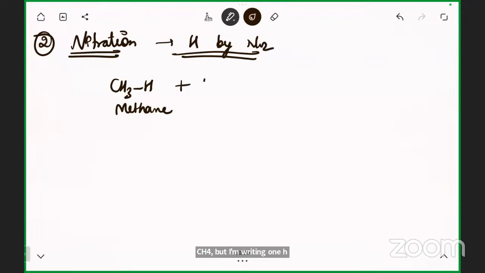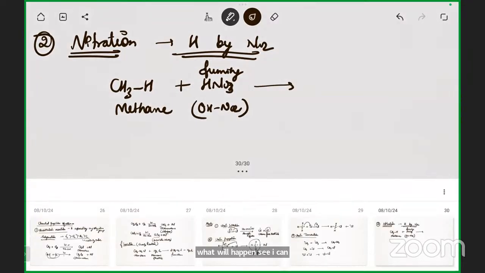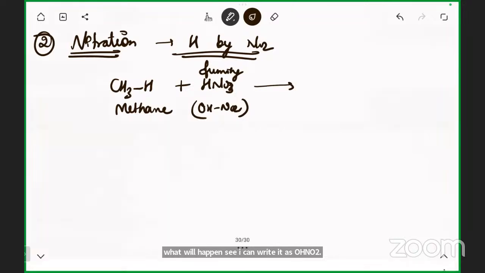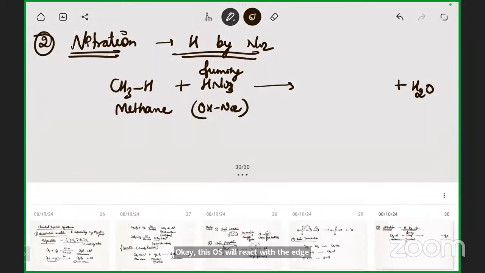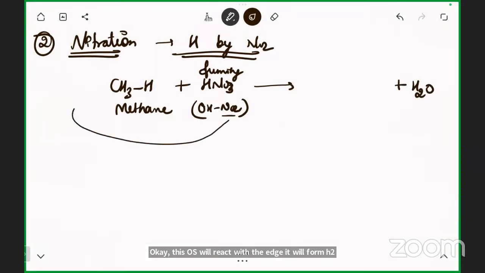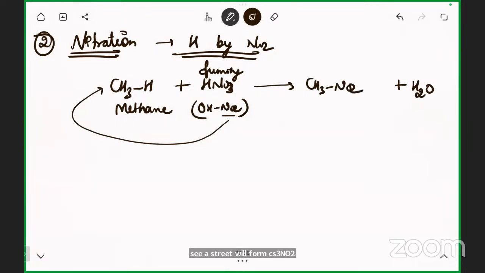When it reacts with fuming HNO3, what will happen? See, I can write it as OH and NO2. This OH will react with the H, it will form H2O. And the remaining NO2 portion will go on CH3, it will form CH3NO2. Clear? Getting my point?